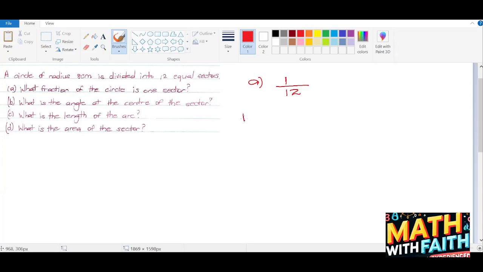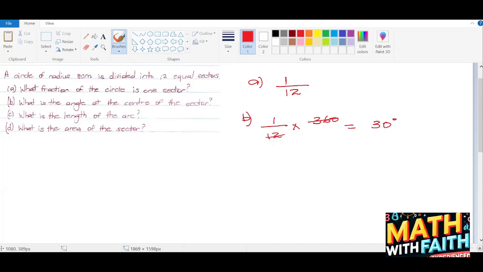The next question is very obvious. What is the angle at the center of the sector? Remember, the total angle is 360. So this is 1/12 of 360.